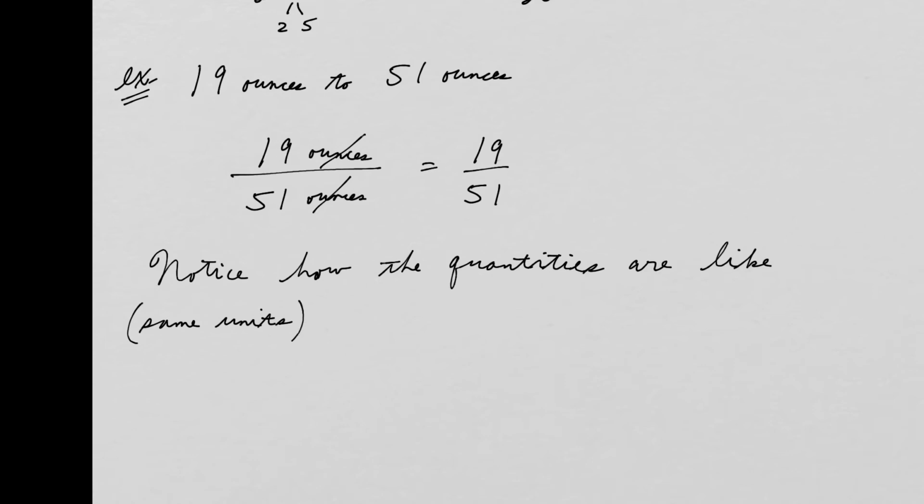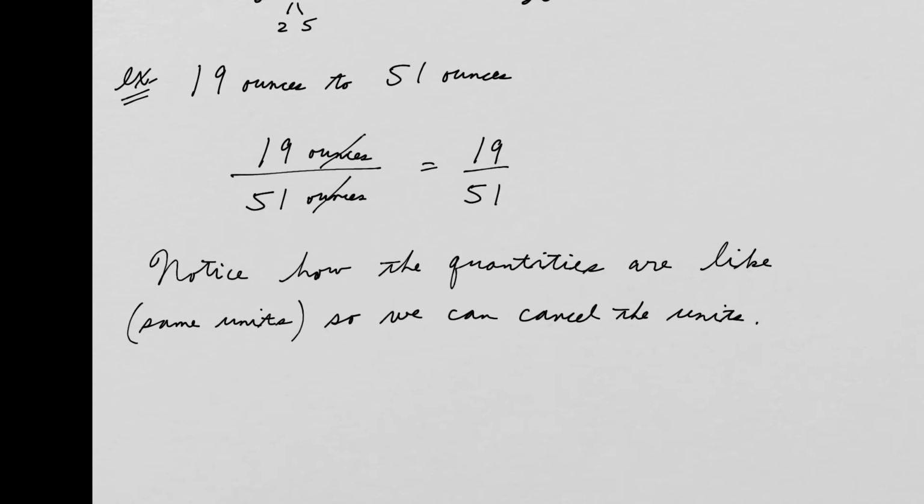Right? So they're like quantities. They both represent, in this case, a mass, in ounces. So therefore, we can drop the units. We can cancel the units. And then we just get a pure number, a pure fraction at the end.